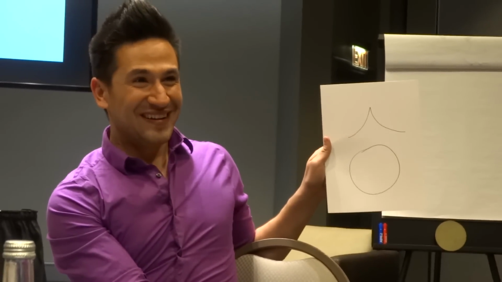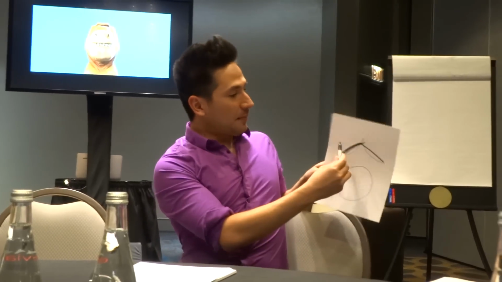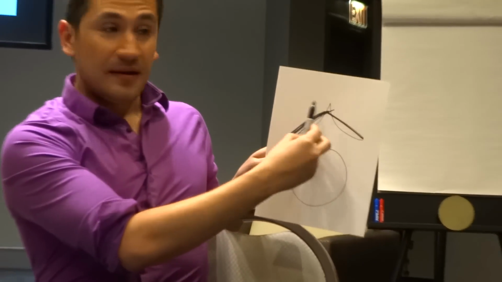Which one of these two shapes would you rather touch? The bottom one, right? It's funny how when we make character designs, this top line is Butch and this line is Arlo.